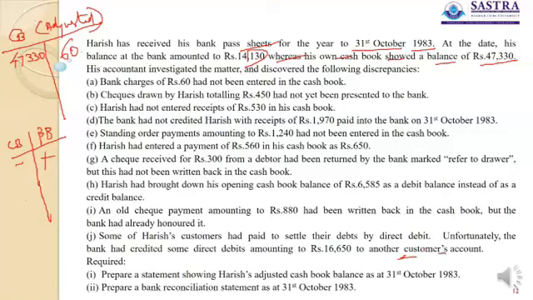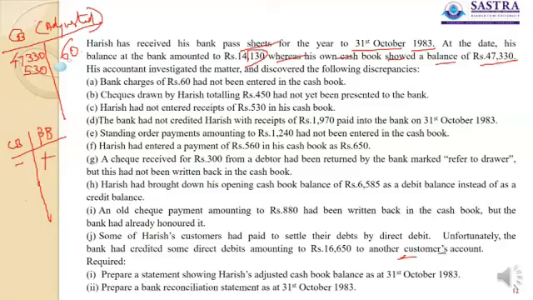Then come to the next. Harish had not entered receipts of 530 in the cash book. It is a receipt, so enter it so as to have the adjusted cash book balance. Then the bank had not credited Harish with receipts of 1970 paid into the bank.